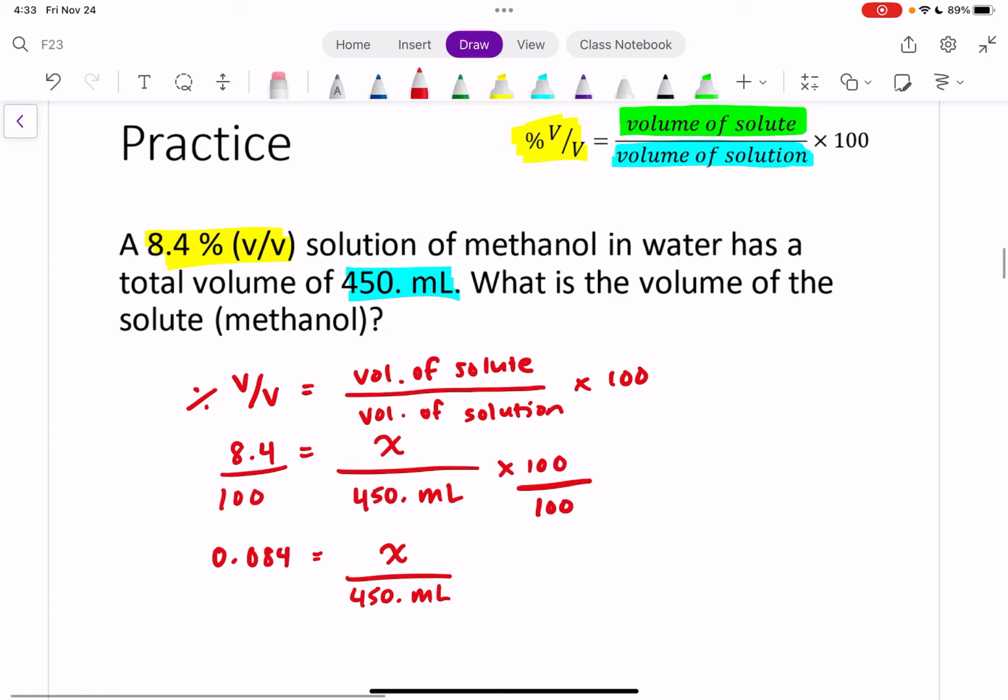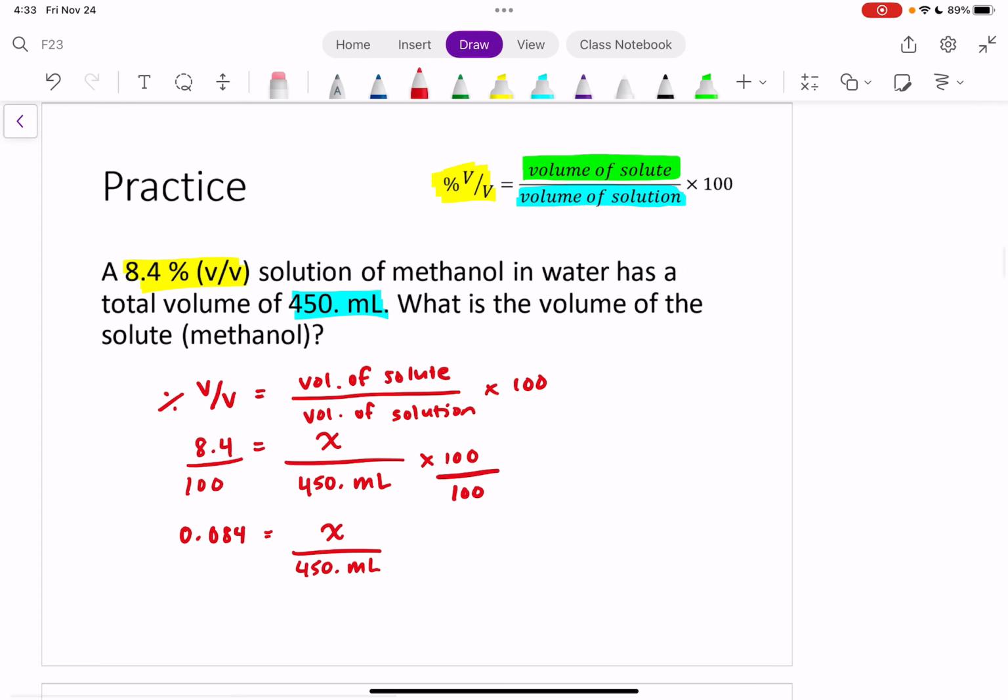Now again, we want to get that X alone, so we've got to multiply by 450 mL, and whatever we do to that side, we do to the other side. So let's get rid of that. Now we can multiply by 450, and that's going to give us X equals 37.8. And what are our units here?